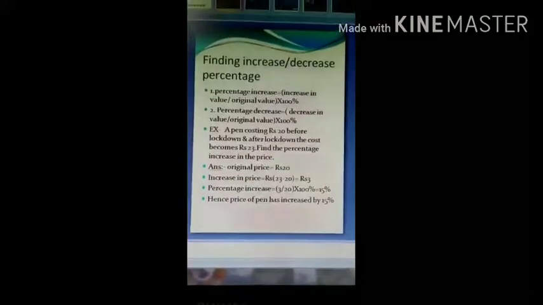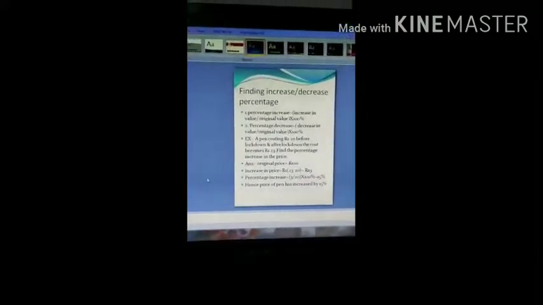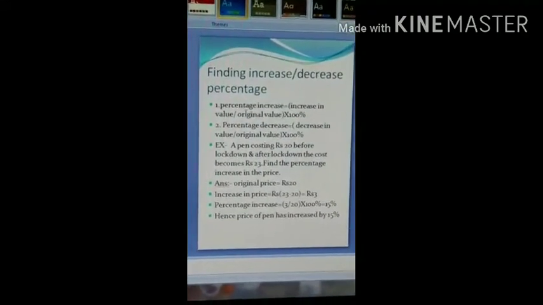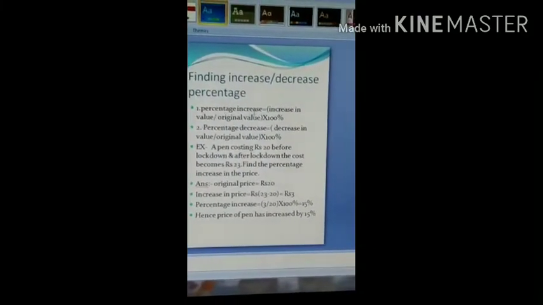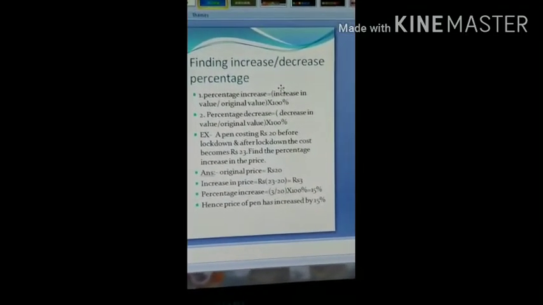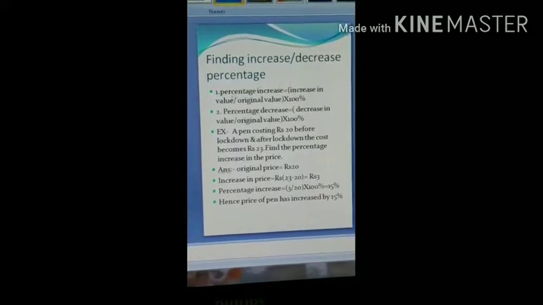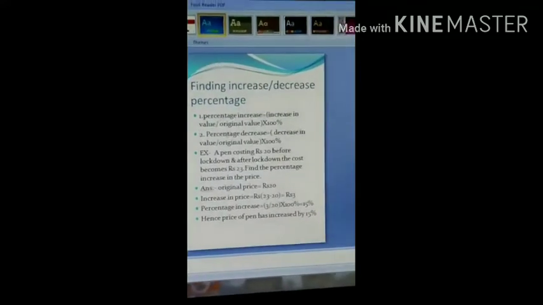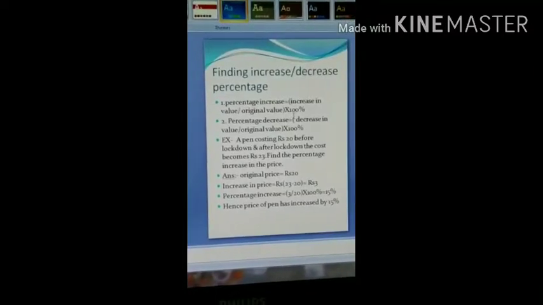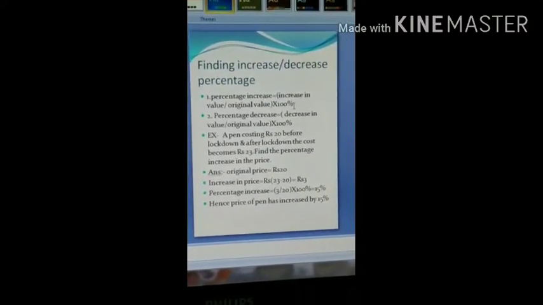Now we find increase or decrease percentage. To find the increase percentage, we initially find the increase in value, then divide it by the original value and multiply it by 100, and put the percentage symbol.